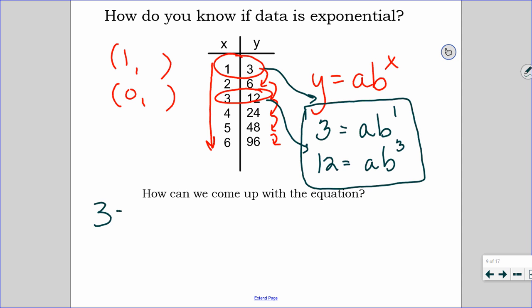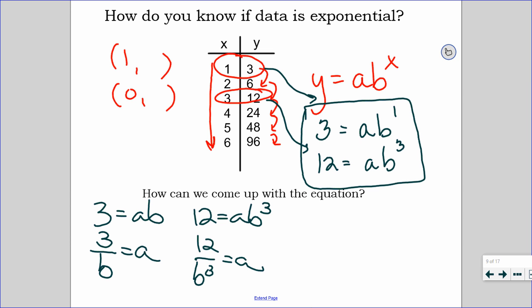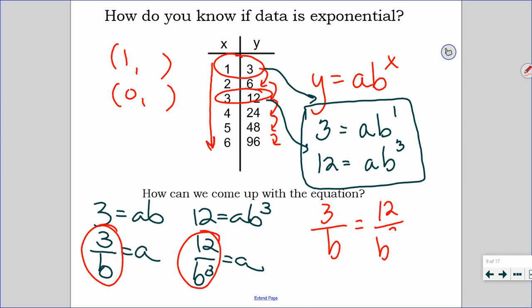You say, okay, 3 equals ab, so 3 over b equals a. 12 equals a times b cubed, so 12 over b cubed equals a. So they both equal a, so take those 2 items and set them equal to each other. 3 over b equals 12 over b cubed. Just multiply and solve. We get 12b, we get 3b cubed.